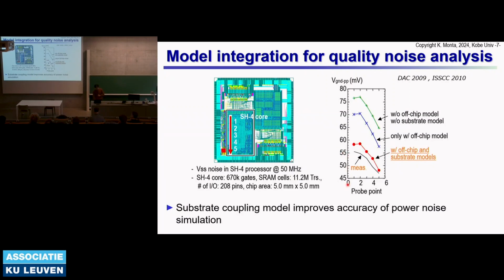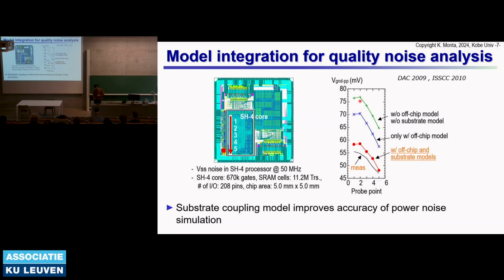We have six different probing points inside the die, and we see some trends. All the trends are almost similar, but the absolute numbers are different. In the vertical chart, the number is the size of the voltage variations happening during the operation of the microprocessor. In the case of the quite simplified model, it is a very large number, like 80 millivolts peak to peak.